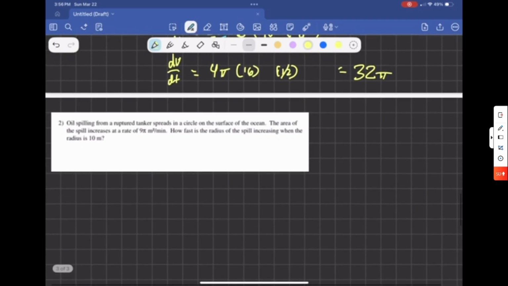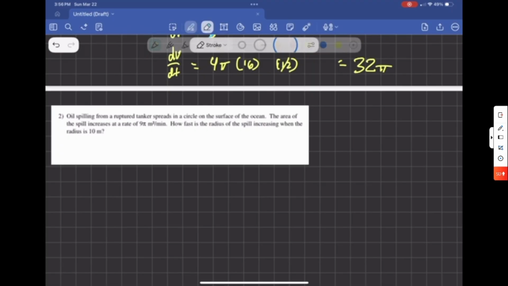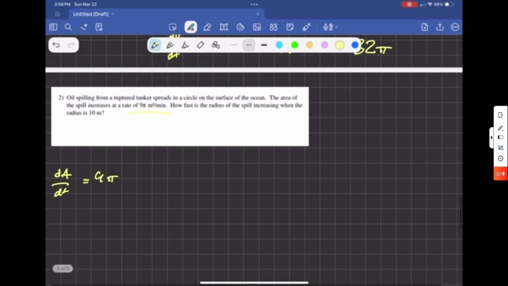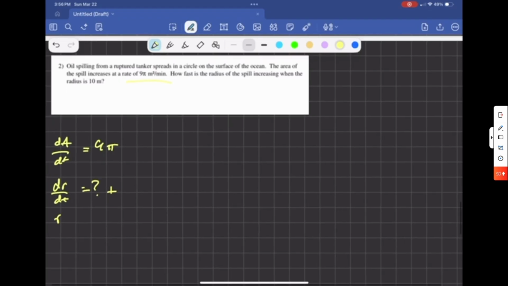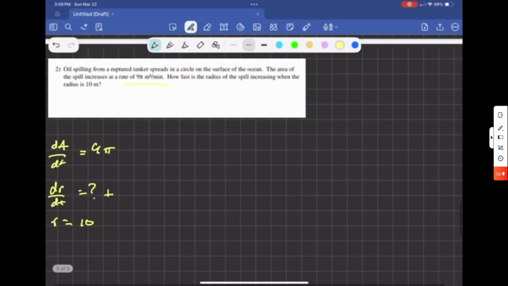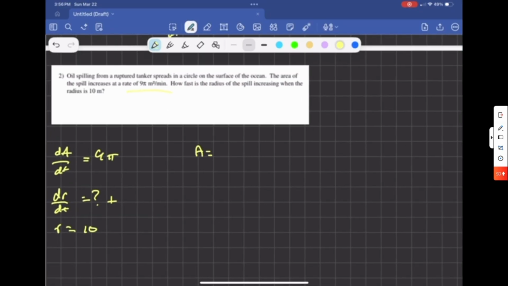Okay. Next, given that it's a circle and that the area is increasing at said rate, we have dA over dt is equal to 9 pi. It's asking us how fast the radius will be increasing, so dr over dt is unknown and it's positive, and it's giving us that r is 10. So we have to use the area of a circle, which is simply pi r squared.